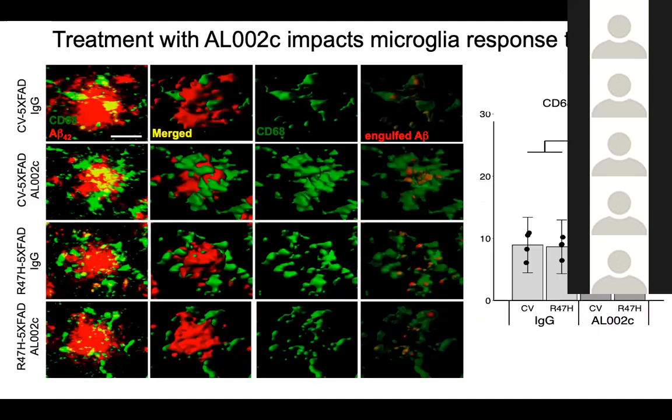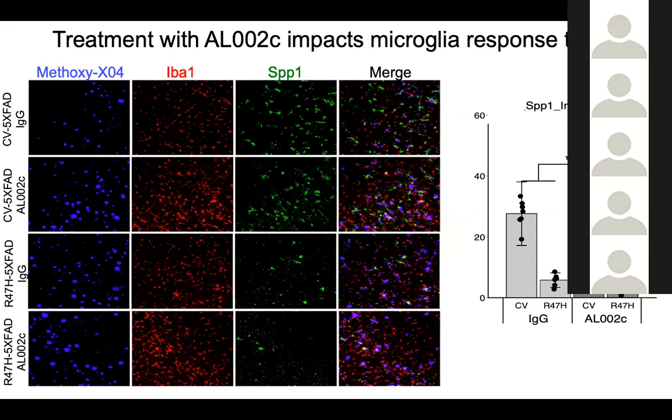Moreover, we stained microglia for CD68, a marker of activation and phagocytosis, as well as A-beta 42. 3D reconstruction with A-beta 42 and CD68 immunofluorescence revealed that the AL002C treatment significantly increased the ratio of CD68 and A-beta 42 double-positive microglia phagosomes over total A-beta 42, suggesting that anti-TREM2 promotes microglia activation and phagocytosis of A-beta.